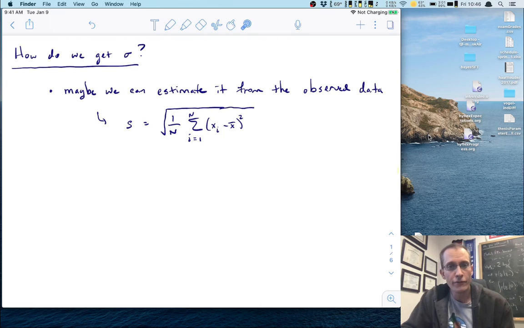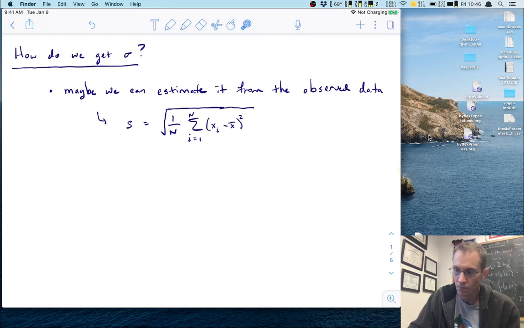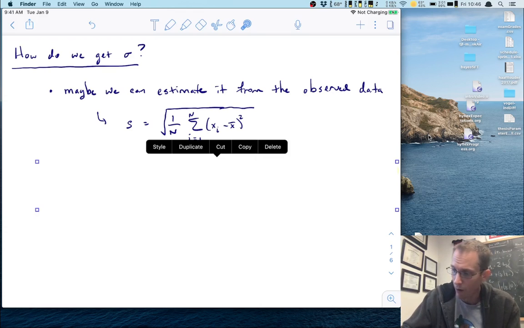Now, you might remember from back earlier in the course that we can compute the standard deviation of a set of data by simply taking the sum of the squared deviations from the mean and then dividing by n. I've written this as 1 over n times that sum of squares. And then you take the square root of all of it to get it back on the same scale. So we can certainly do that. That's not too hard.